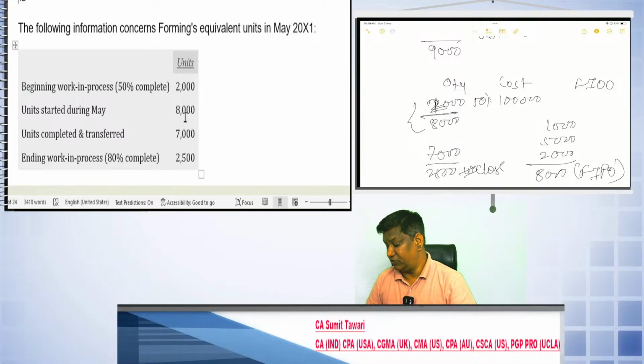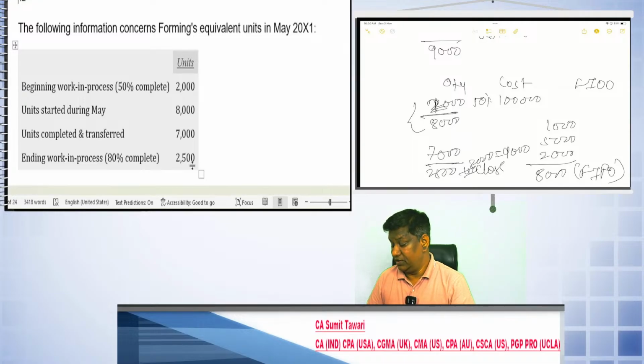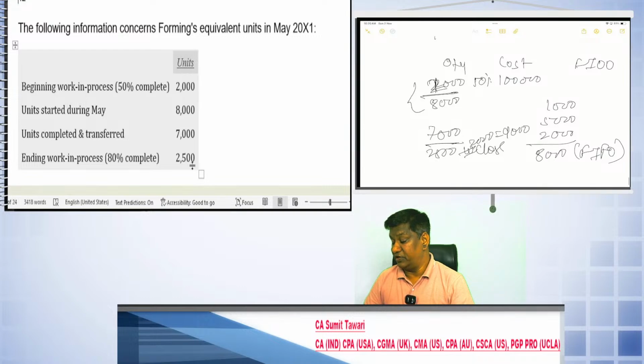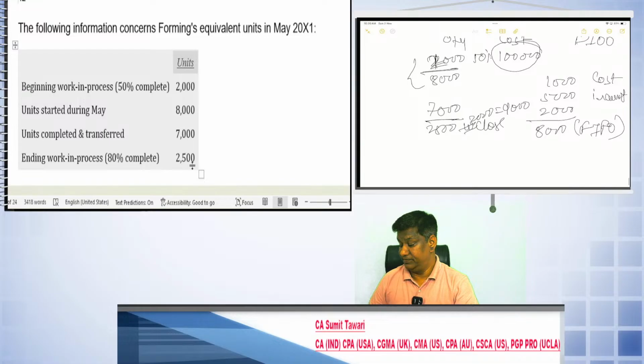So 7,000 is units completed and transferred, total including opening, and the 80% of 2,500, which is 2,000. That's why it is 9,000. And the cost also, in weighted average we need to take the opening cost as well, and in first in, first out we just need to consider the cost incurred during the year for calculating the average. Are you able to understand?